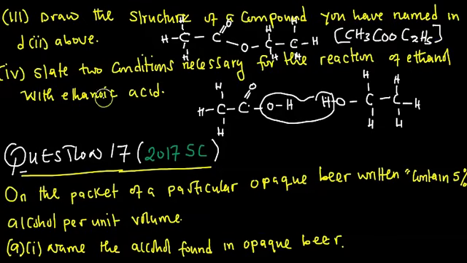All right. State the two conditions necessary for the reaction to take place. What are the two necessary conditions for the reaction above to take place? What are the conditions for esterification to take place?